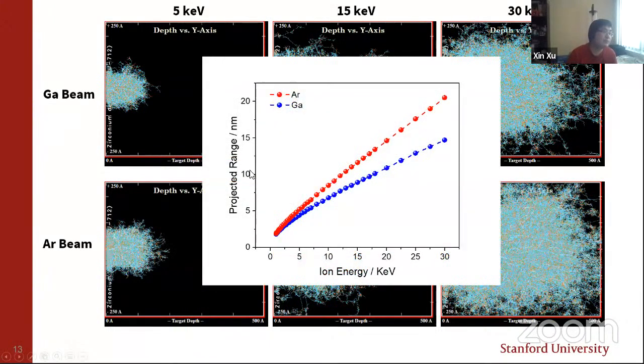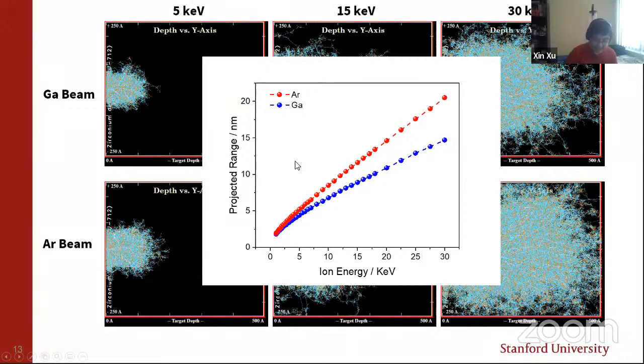If you look at the projected range predicted by the software, at the same voltage, for example 30 kV, the main projected range of the argon beam will be over 20 nanometers, almost 150% of the gallium beam.